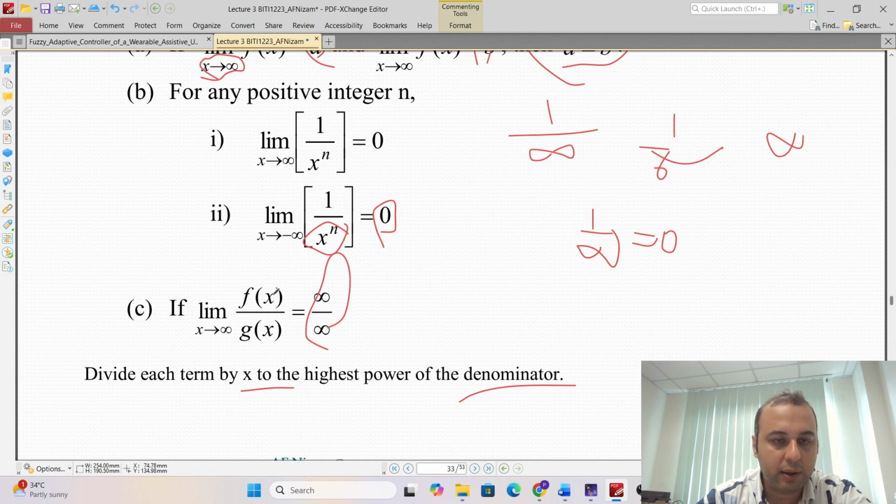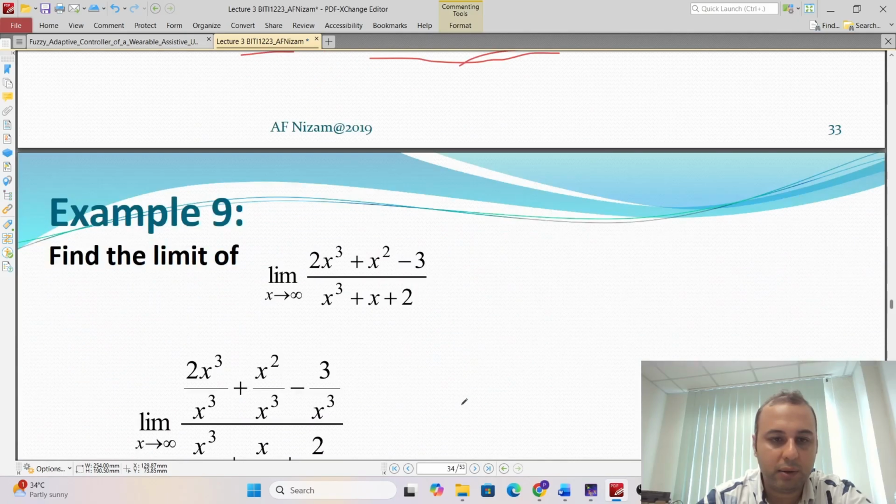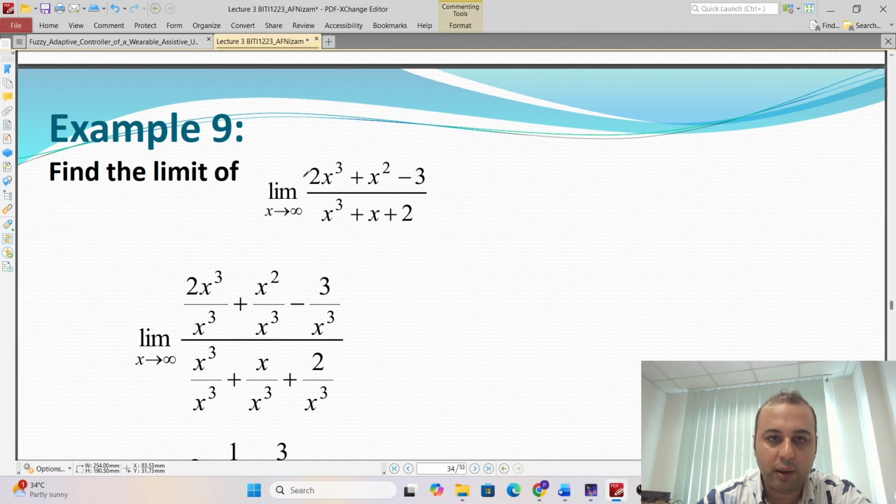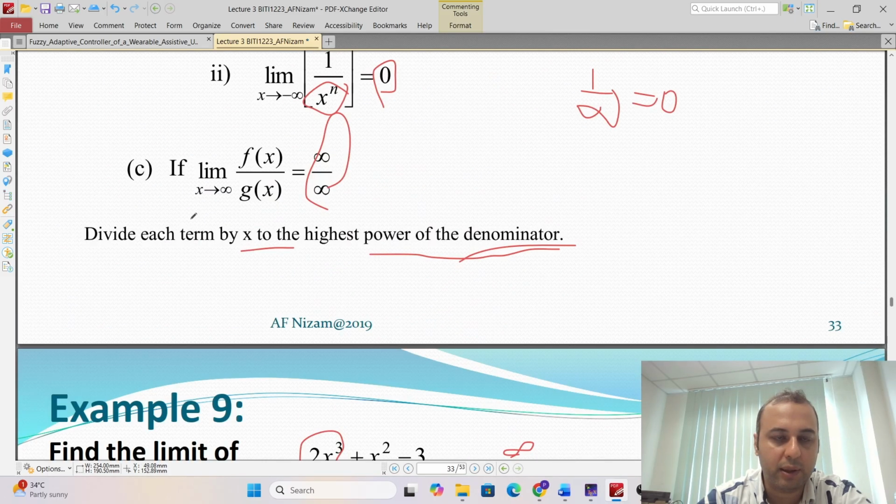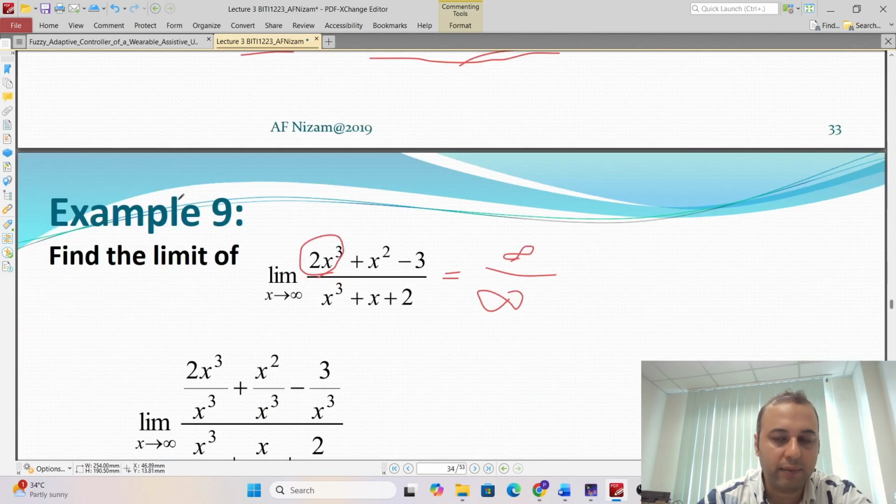If f(x) is infinite over infinite, divide each term by x to the highest power of the denominator, like this. Find the limit. This is our function as x goes to infinity. If we substitute infinity, we'll have infinity over infinity. We have this condition number 3.